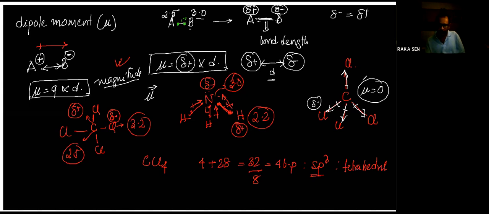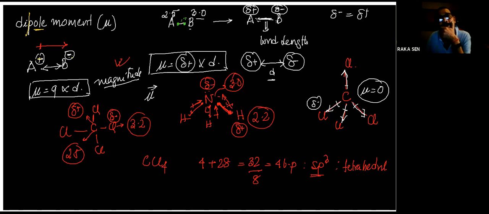So this is what we mean by dipole moment. Whenever a particular entity has equal charges separated by a distance, there will be a dipole. Dipole essentially means: di means 2, and pole means charge.